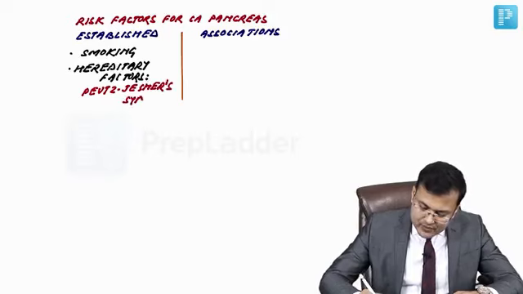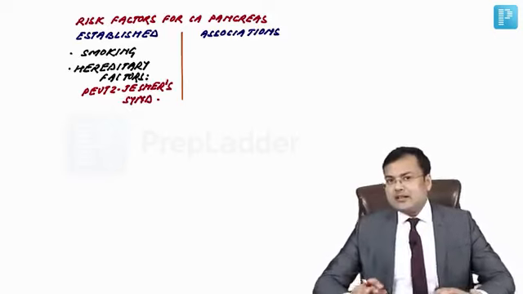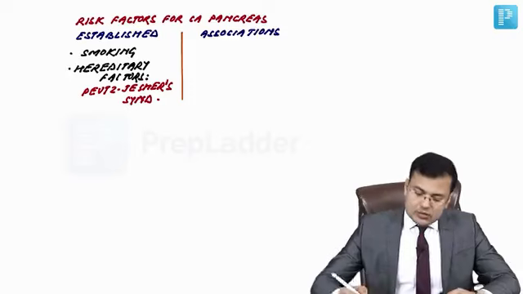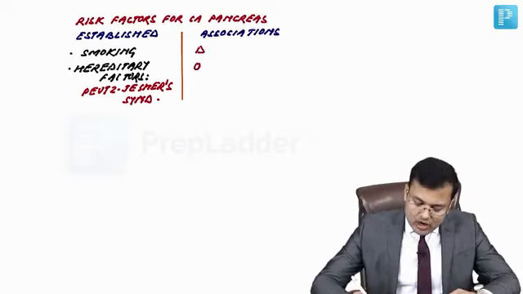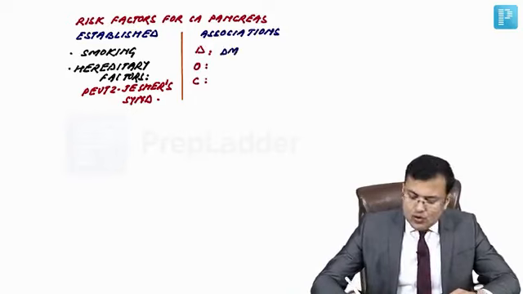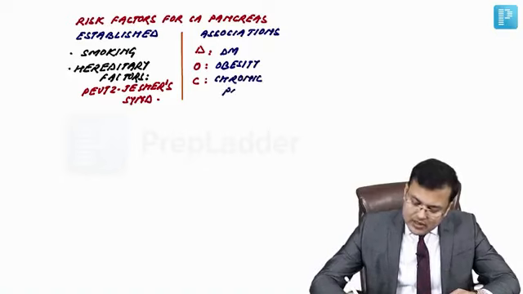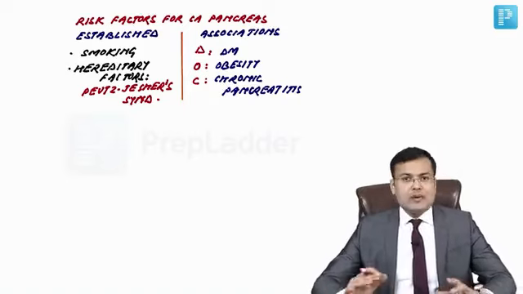In associations, the mnemonic is DOC. D means diabetes mellitus, O means obesity, and C means chronic pancreatitis. Clear? So these are the risk factors for carcinoma pancreas.